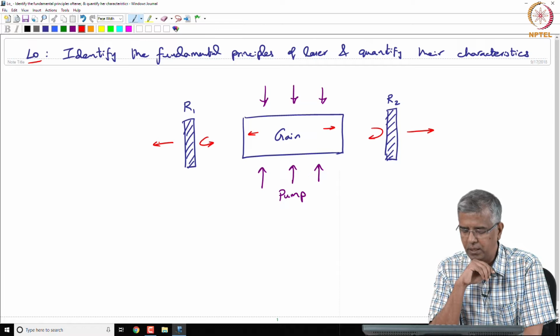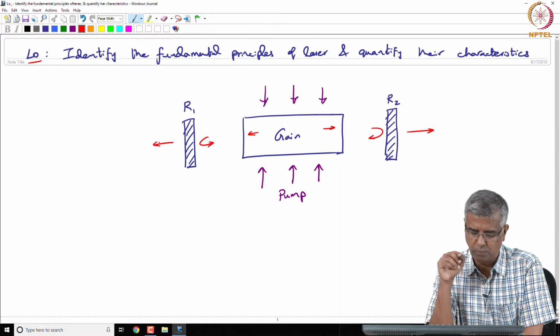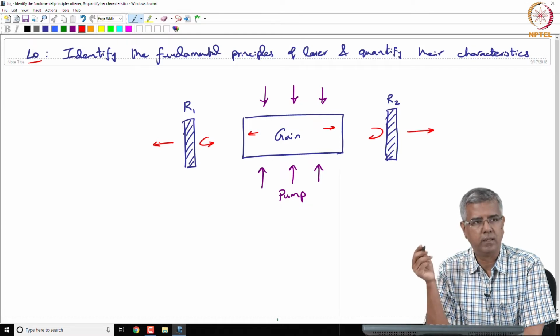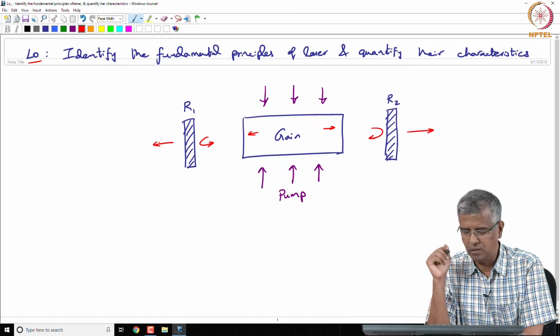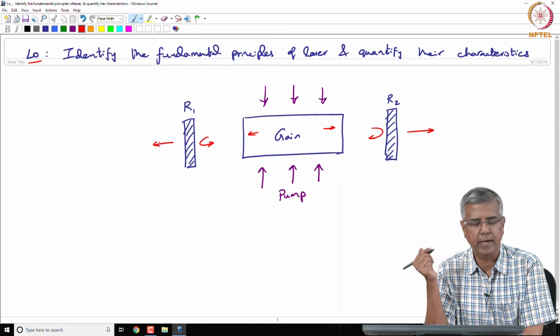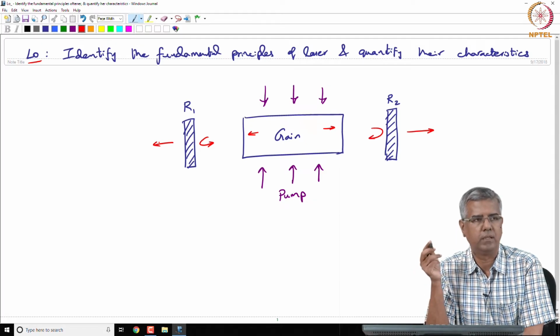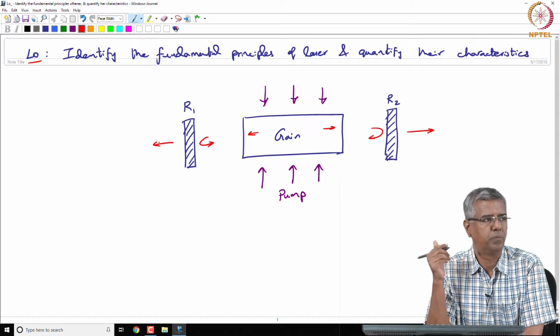Okay. Typically, what we do in a laser is we want to get directional radiation. So, we want everything to come out of one end. So, what we do is we try to make R1 close to 100%, as close to 100% as possible.